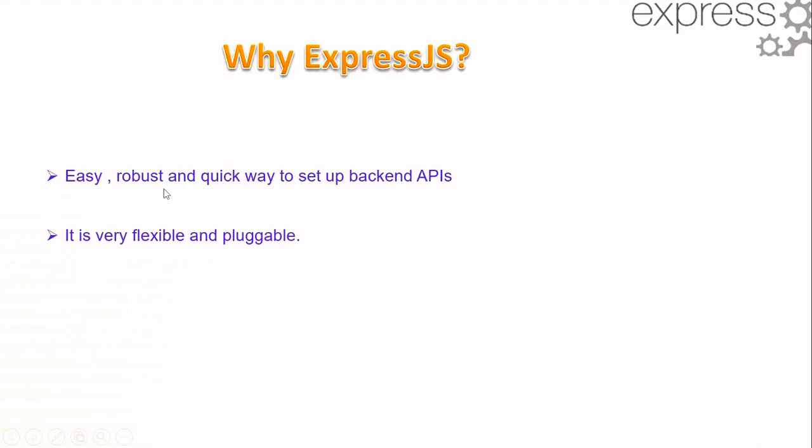Express.js is an easy, robust, and quick way to set up backend APIs. It is very flexible and pluggable. If there is no Express.js in our application, suppose we want to develop a backend, then without Express.js you have to write your own code to build a routing component, which is a time consuming and tedious task.